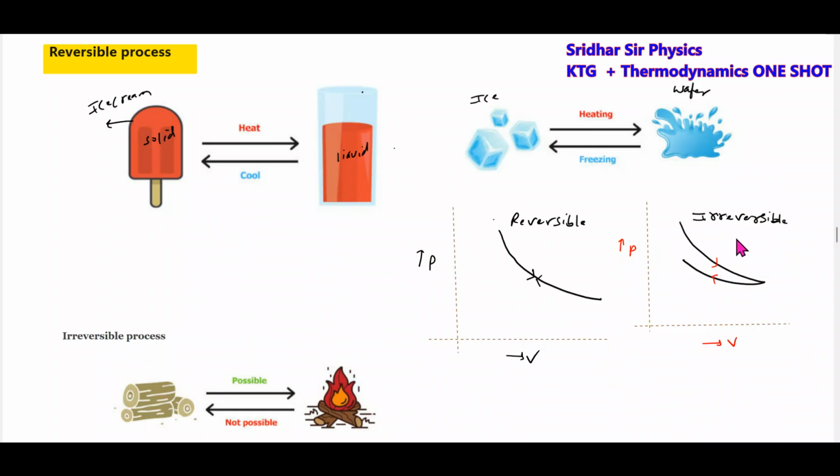This is reversible, this is irreversible. Practically, because of friction, because of dissipative forces, this is ideal, this is practical. We'll discuss only ideal. Our thermodynamics will be ideal. We'll assume that no dissipative friction force is available. The friction between the piston and cylinder will lead to an irreversible process. All our things will be reversible only. This is ideal.